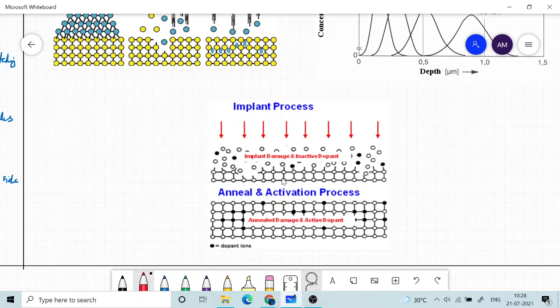Now how to patch it up? What we do is, following the ion implantation step, every time we have what is called thermal annealing. We raise the temperature, not very high, to a tolerable limit, and keep it at that temperature for some time, and we wait.